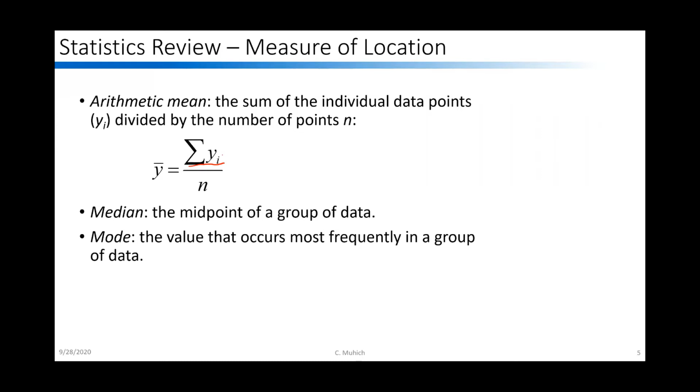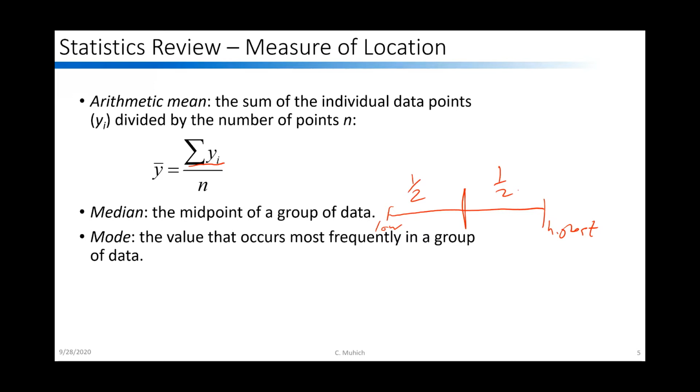We can also talk about a median of the data. This is the midpoint of the group. What we do here is we line up the values from lowest to highest, and then we find which data point is exactly halfway down the middle. So which value splits the data into the lower half and the upper half.